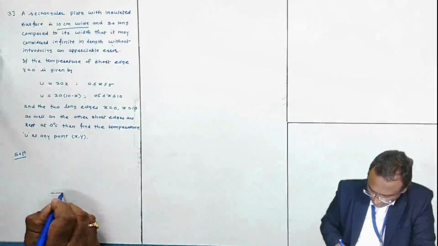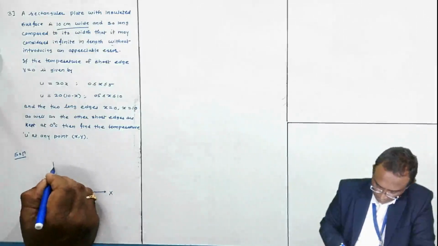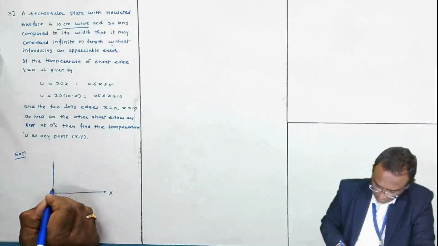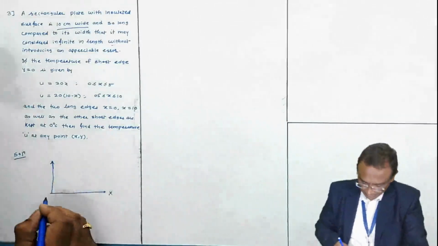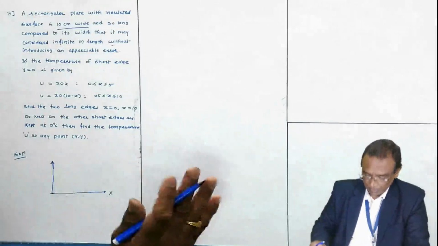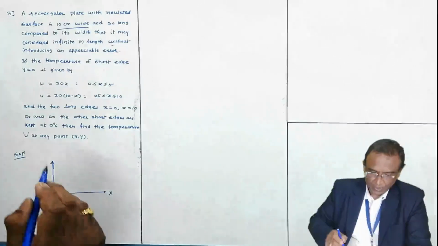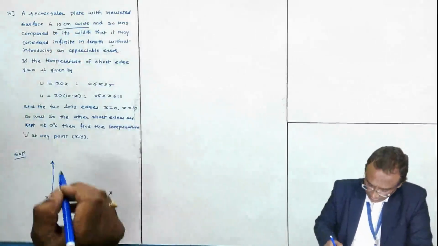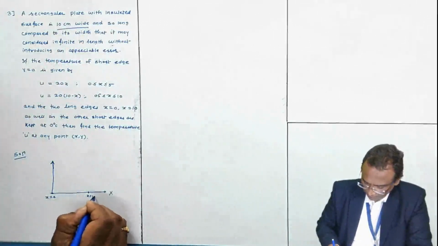This is the x-axis and this is the y-axis. I am keeping that plate here in the xy plane. One corner I am keeping at x equal to 0, and it is 10 centimeter wide, meaning x equal to 10. This much distance is 10.